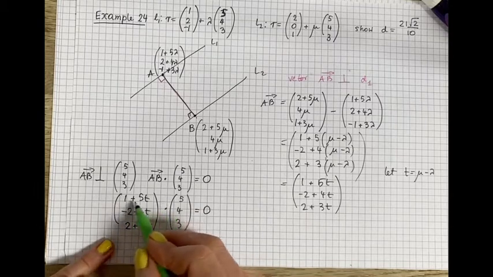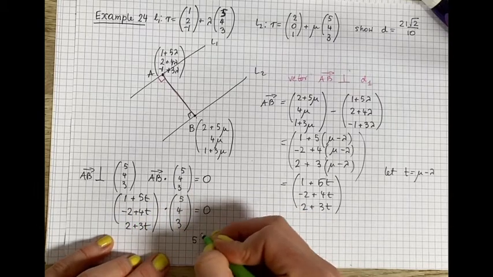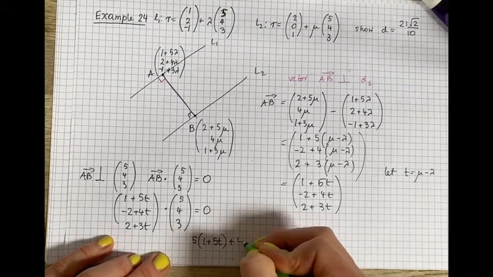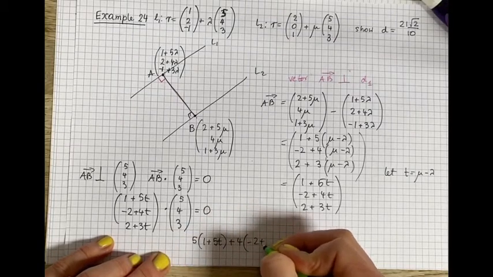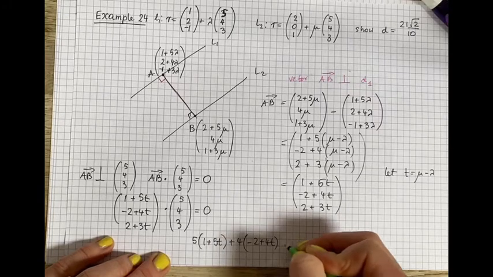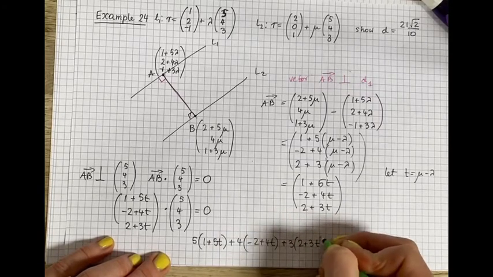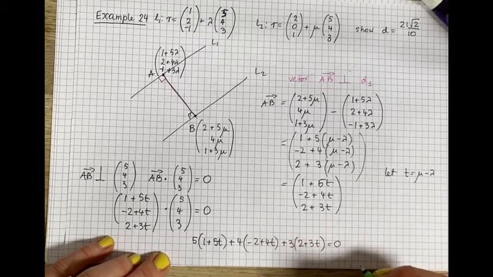So you've got 5 times 1 plus 5t, plus 4 times minus 2 plus 4t, plus 3 times 2 plus 3t, is equal to 0.